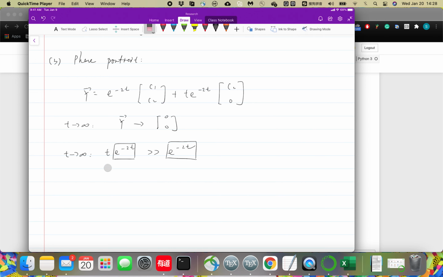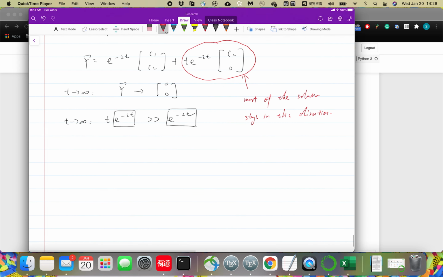Therefore, when t is big, the majority or most of the solution will stay on this direction. Now, what do you mean by that? That means we have c2, 0, which is where we got the eigenvector, remember? So that's going to give you this straight line solution.